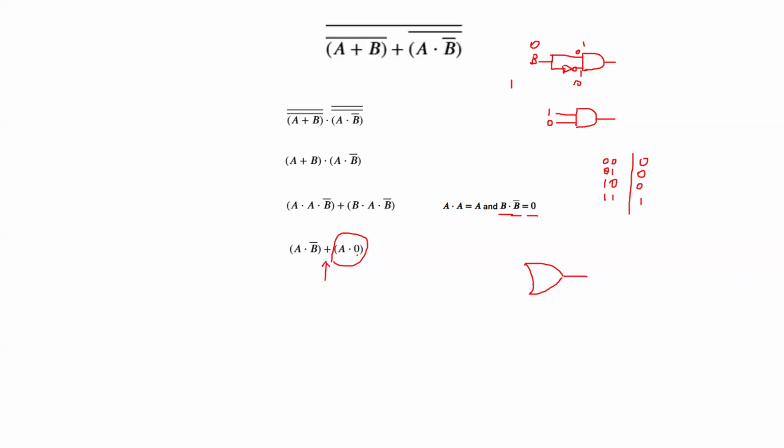Since A and 0, that's going to be 0. So over here we have this expression, A and not B, going into this place here, and over here we have 0. And that's an OR gate, so 0, 0, 0, 1, 1, 0, 1, 1.